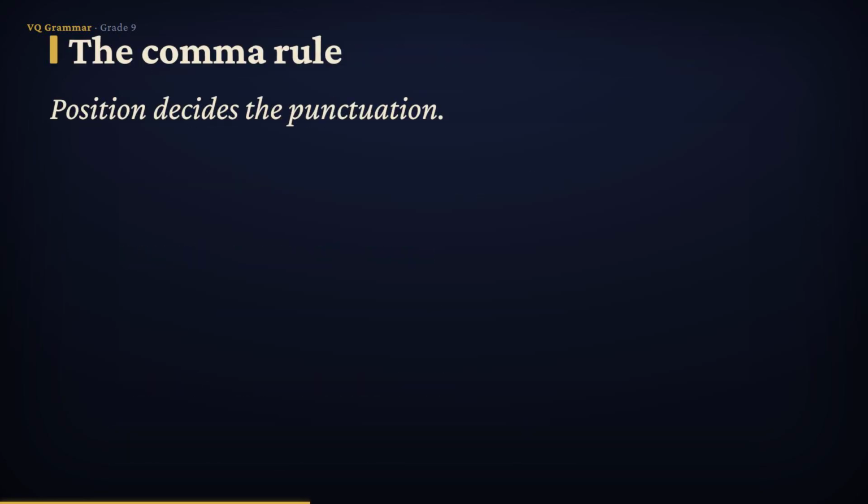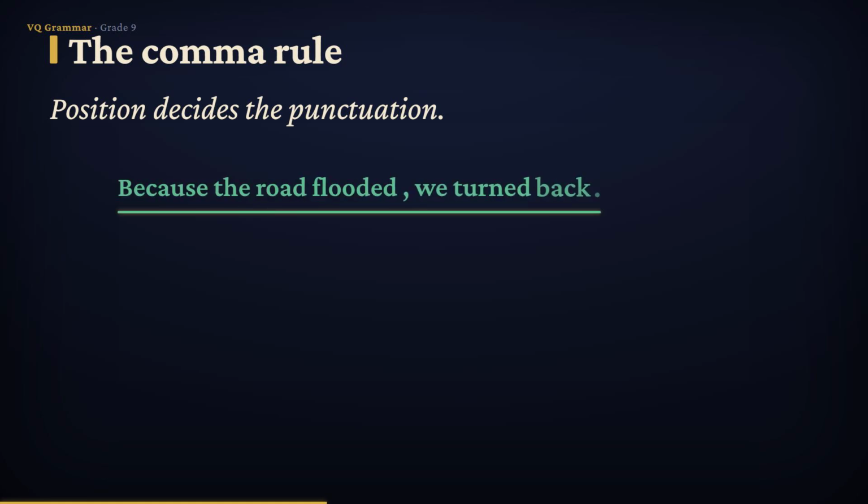Now for a rule that shows up on nearly every test, the comma rule. It all depends on where the adverb clause sits. Look at the first sentence. Because the road flooded, we turned back. The clause comes first, at the front of the sentence, so we follow it with a comma before the main idea. Now flip it around.